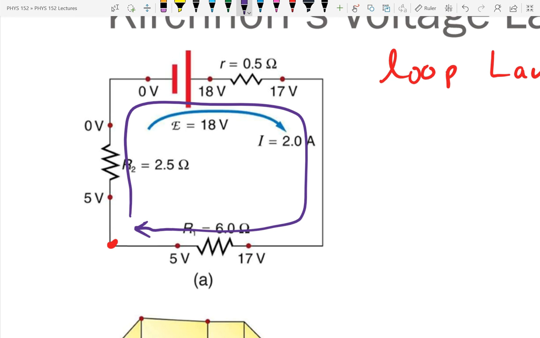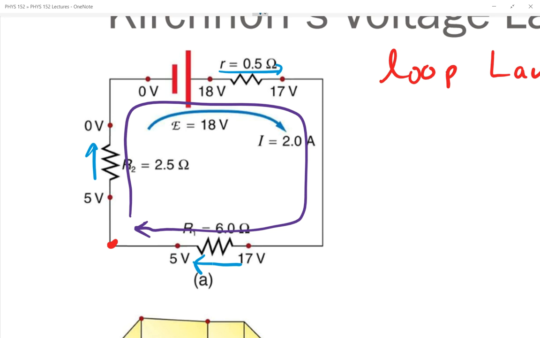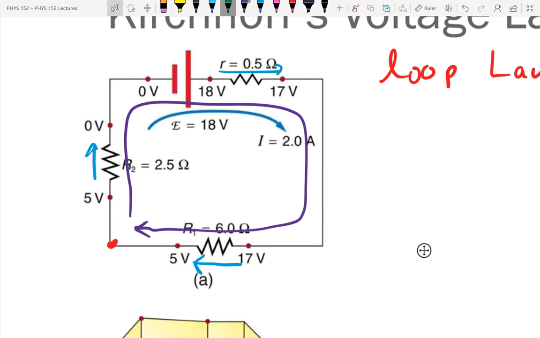Next thing I need to do is to determine the voltage rise or drop for each element. So this has the current shown. It says it's 2 amps. So if that's 2 amps, the current goes like this. Let's change to the same color as the current. I always, and when I say I always, I'm saying these are really good practices for you to do. You don't have to. I always draw an arrow showing the direction the current goes through each resistor. The reason I do that is because I know that a resistor is going to take away energy.